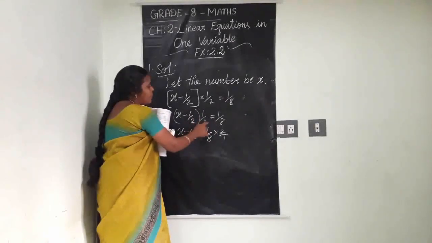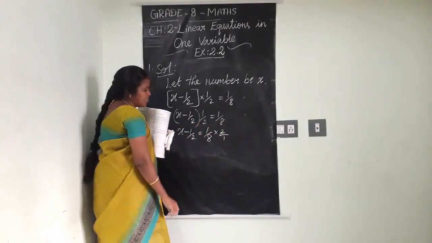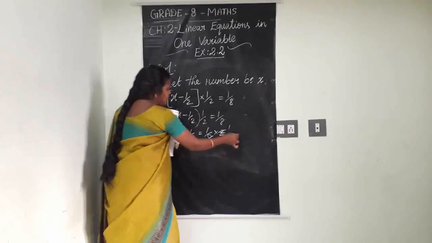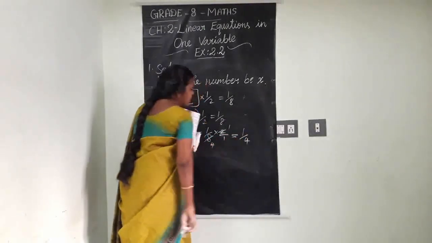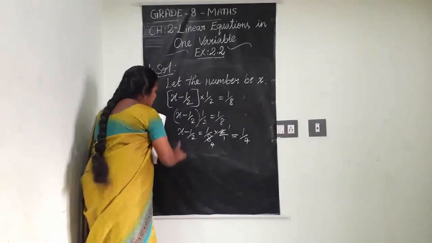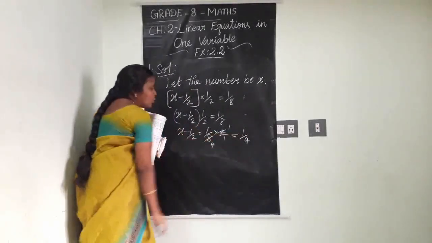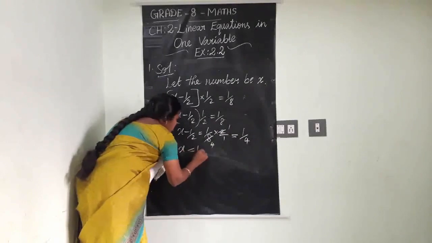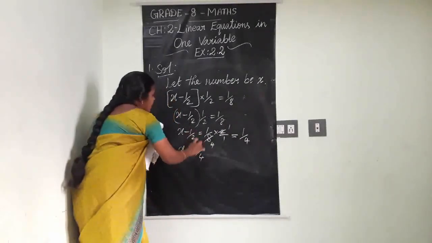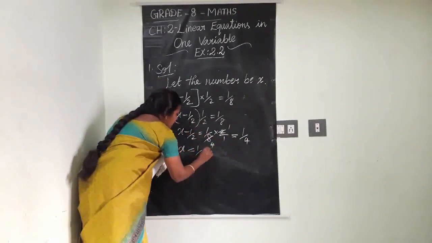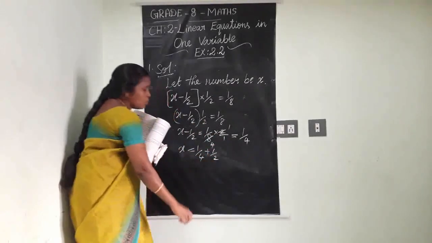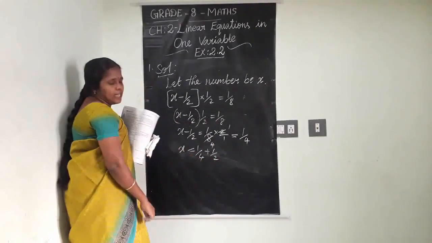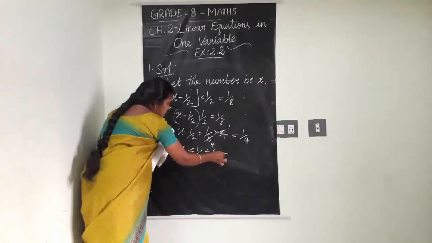So 1 by 2 became 2 by 1 on that side. So we can simplify. 1 2 is 2, 4 2s are 8. Here the answer on the right hand side is 1 by 4. Clear? x minus half equal to 1 by 4. So that means x equals 1 by 4. This minus half, if you shift to the opposite side, it comes to plus. So 1 by 2. Addition of unlike fractions. How to solve? By LCM.